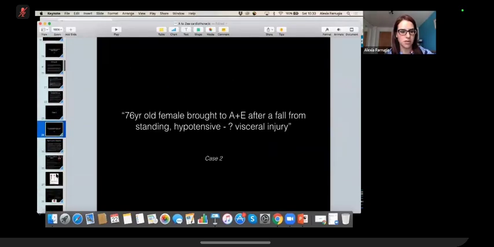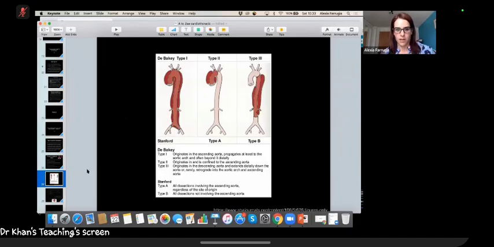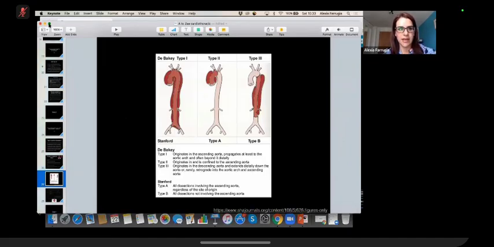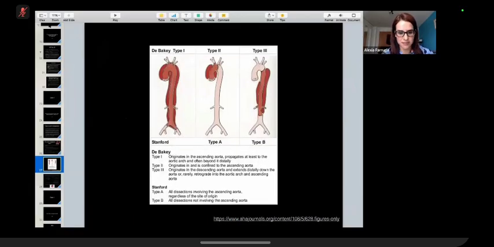Okay. So let's go through the DeBakey and the Stanford classifications. The DeBakey classification is subdivided into type 1, type 2, and type 3. Type 1: the dissection flap originates in the ascending aorta, propagates at least to the aortic arch, and often goes beyond it distally.